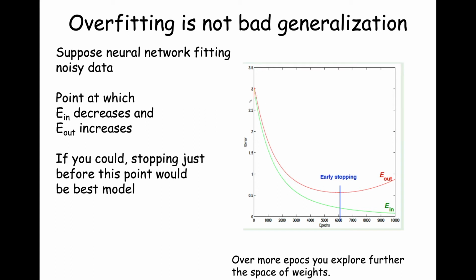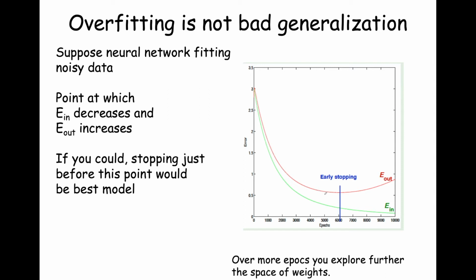Now, if we continue to plot in-sample error and out-of-sample error at each one of our iterations, we would see at some point E in goes down, E out goes down. Okay, everything's inequality, says they track with one another.